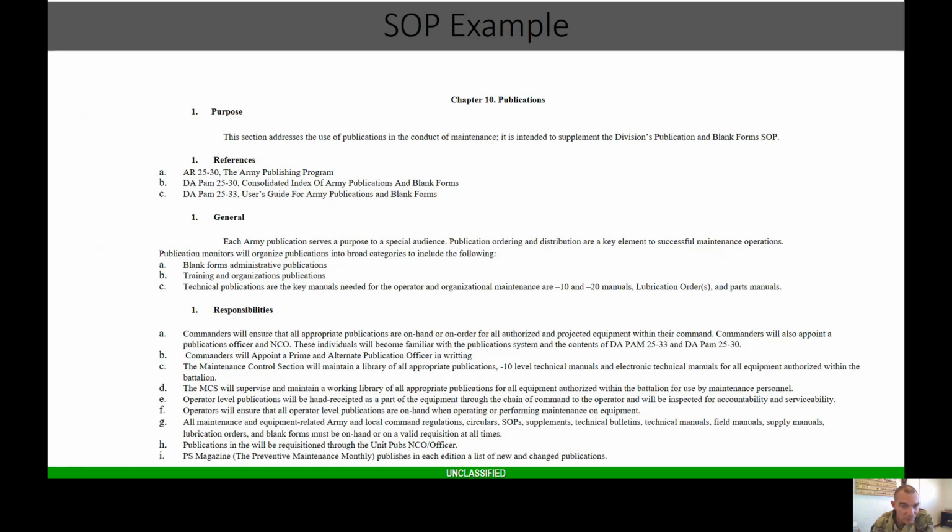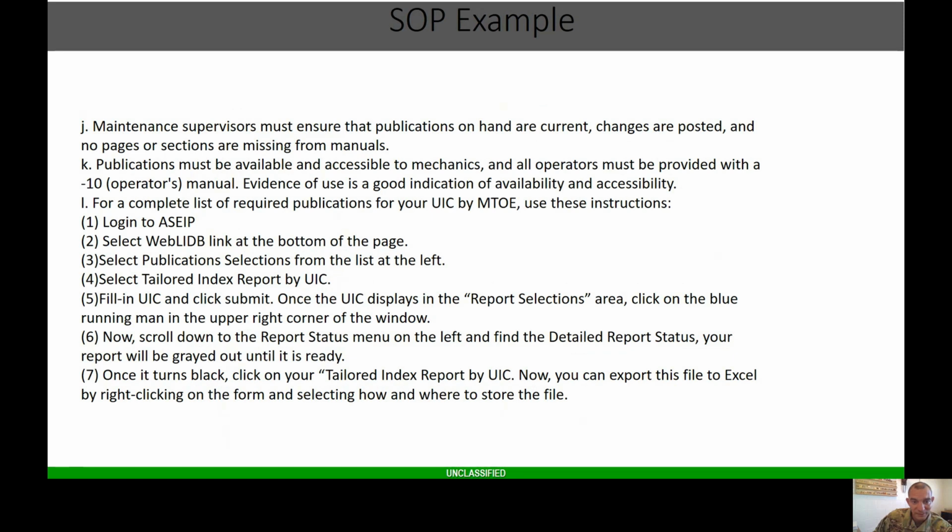Here's an example of an SOP that I did for publications when I was a motor sergeant. If you want a copy of this excerpt, let me know. I labeled it my Chapter 10 publications. I talked about who was responsible, the responsibilities, and so forth. And this is a continuation, but yes, you need to mention publications in your SOP.